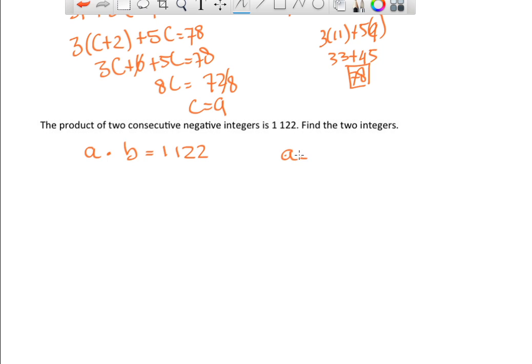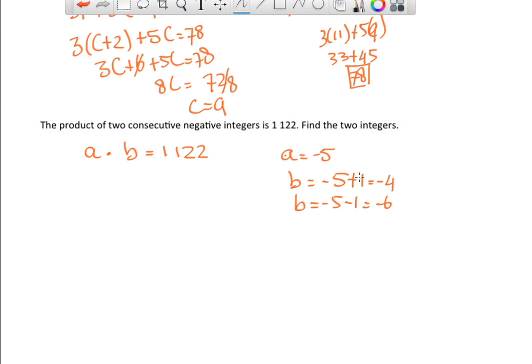So if I say A is a negative 5, then B would be either a negative 4 or a negative 6. It's a negative 5 plus 1, which is negative 4, but B could also be negative 5 minus 1, which is a negative 6. So I said that wrong.